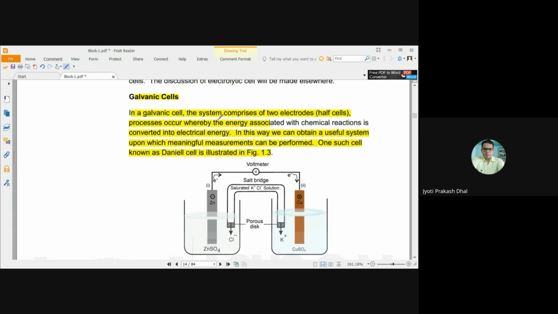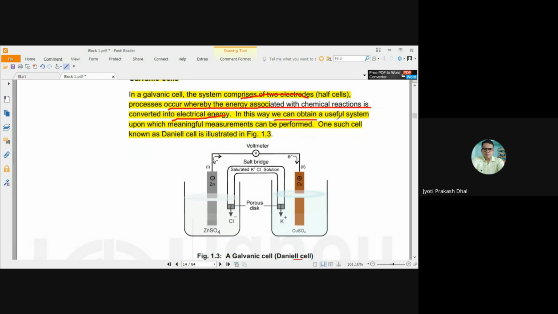In a galvanic cell, the system comprises two electrodes or two half cells, where processes occur whereby energy associated with chemical reactions is converted into electrical energy. In this way we obtain a useful system upon which meaningful measurements can be performed, called the Daniell cell.